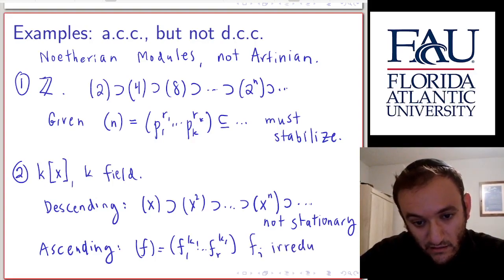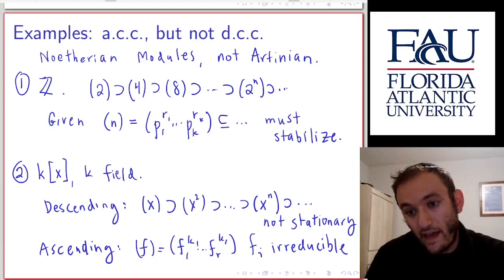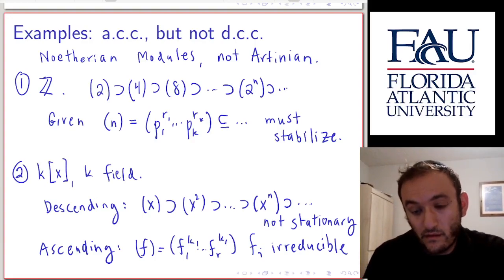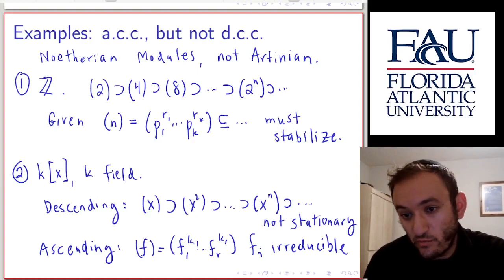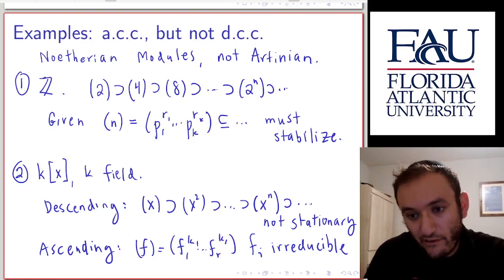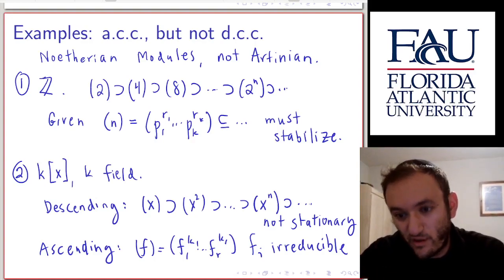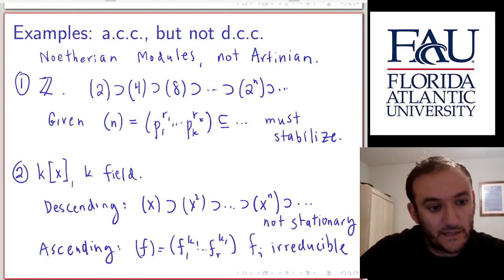So any ideal containing this has to be generated by some factor of this polynomial, and you only have finitely many factors to choose from. So eventually the sequence is going to stabilize.